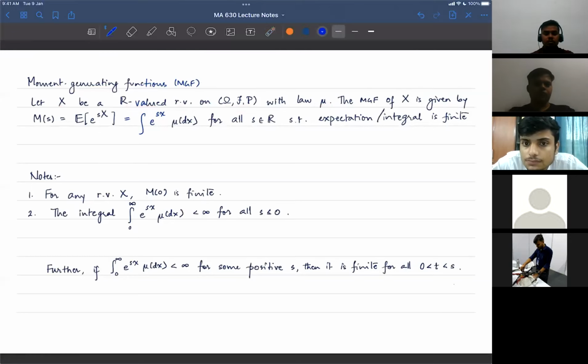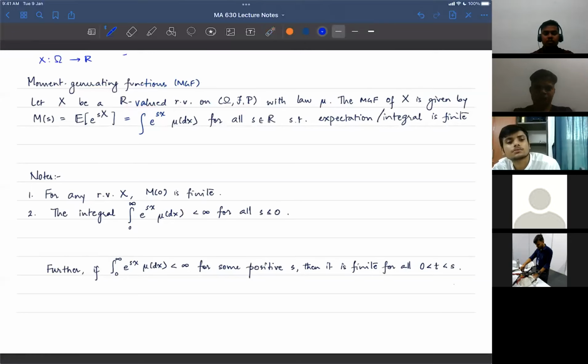So this means X takes Omega to R, this is a random variable, so it is F/B(R) measurable. And it has law mu. So that means for a Borel set A, mu of A is P of X inverse A, which of course I can also just write as P of X element of A.